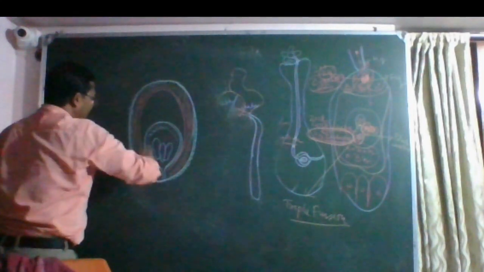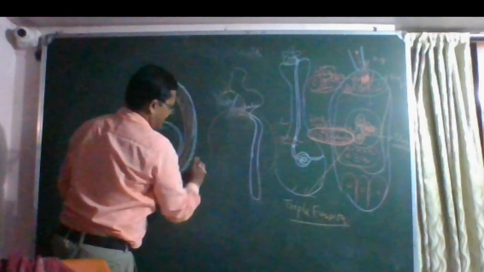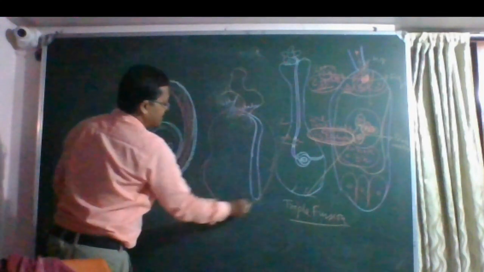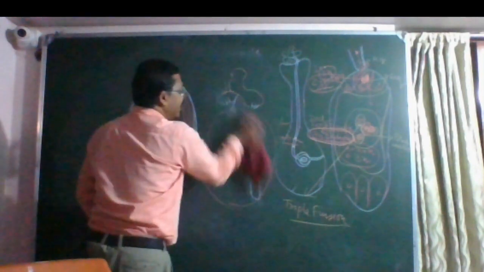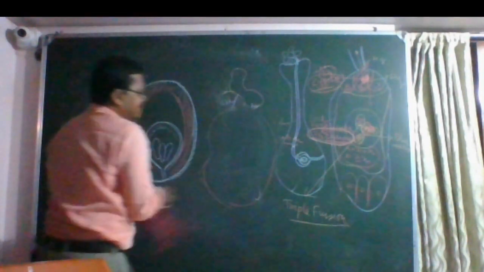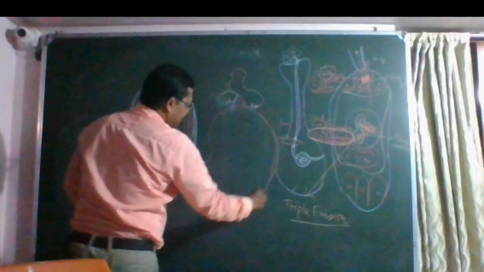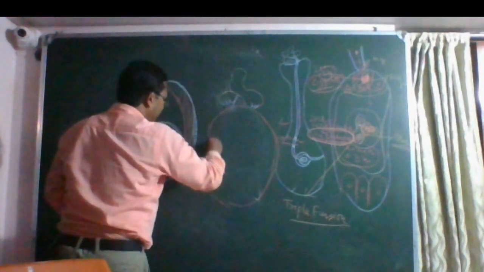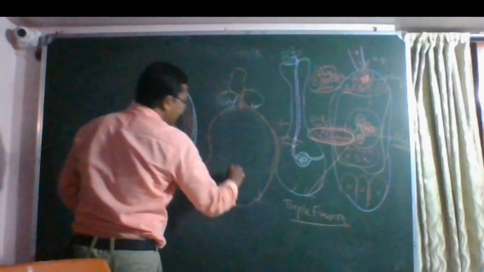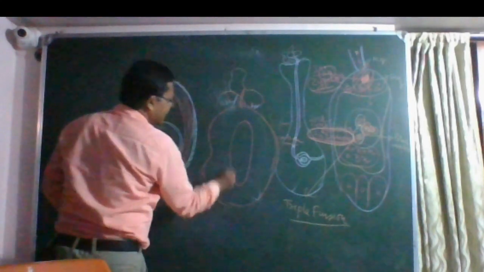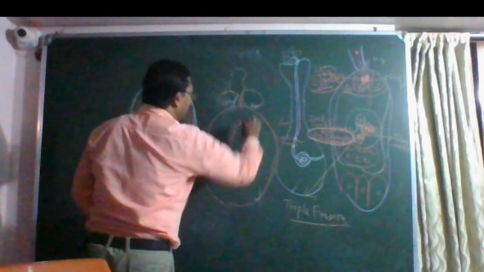The mesocarp: when we consider a mango, what is the structure? A mango generally contains a very thin outer covering. This is the epicarp. The outer covering is epicarp, and the inner seed coat is very hard, and this is called endocarp.